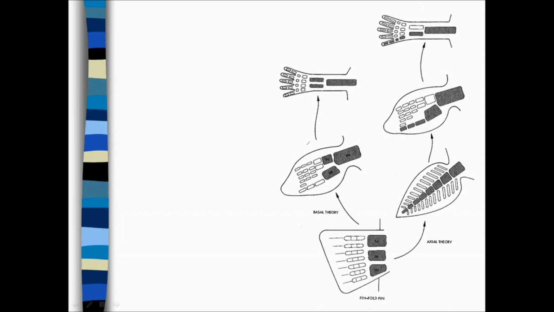Here is the other sort of idea where you're going from this sort of situation right here where you have these three elements. Those three elements become reorganized into this proximal unit and then two distal units, and then you end up with your 5 elements up there, your 5 digits up there. So those are the two basic ideas. It's an argument that was hot and heavy when I was your age.